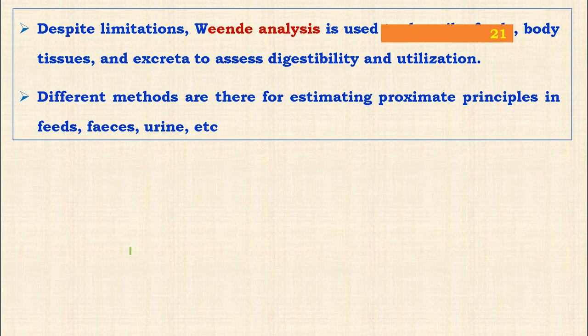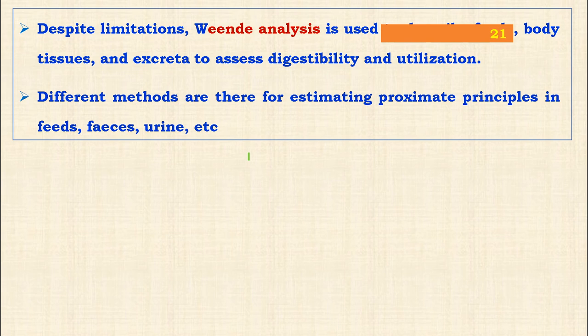Despite the limitations of crude protein estimation, crude protein is estimated everywhere, so that we should not lose it. In the dung sample also, the protein content is very much required for the aquatic creatures also.